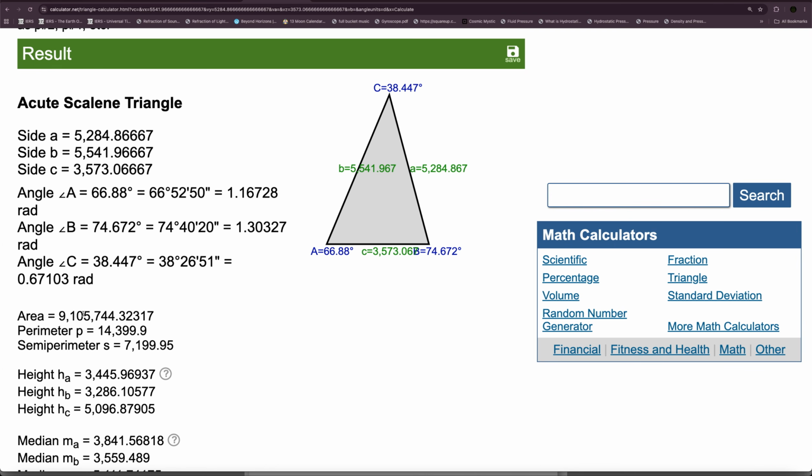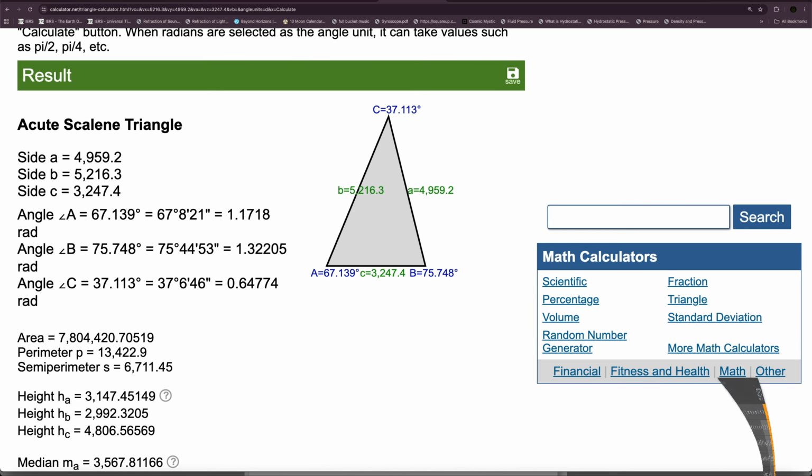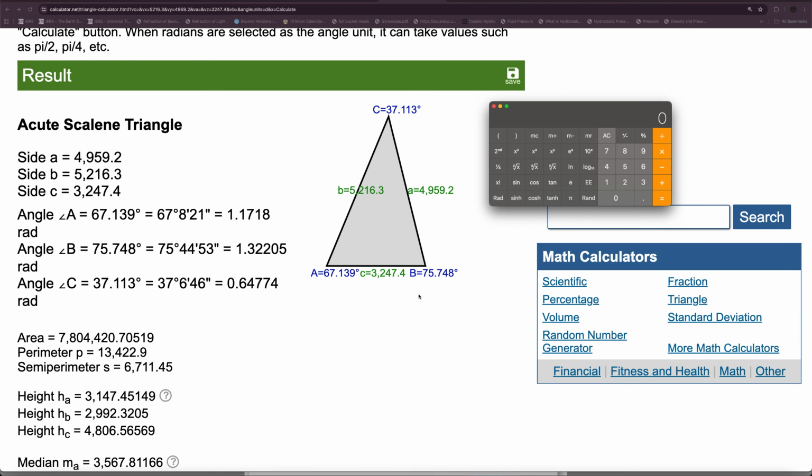So if we go back to here a sec, and I just show the difference, and this is in 2 dimensions, remember, not 3.